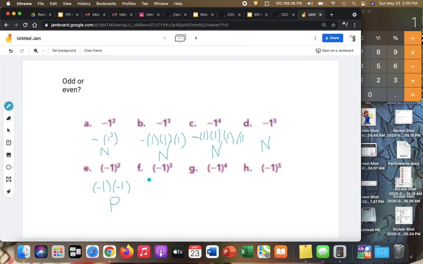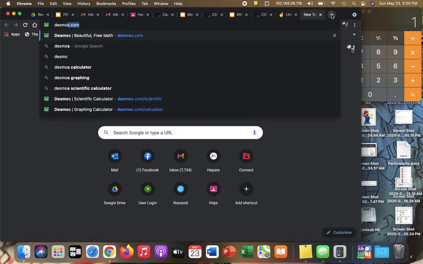Let's see what happens here. Negative 1 times negative 1 times negative 1. Let me actually use Desmos. I think Desmos is going to show us a little better what happens here.